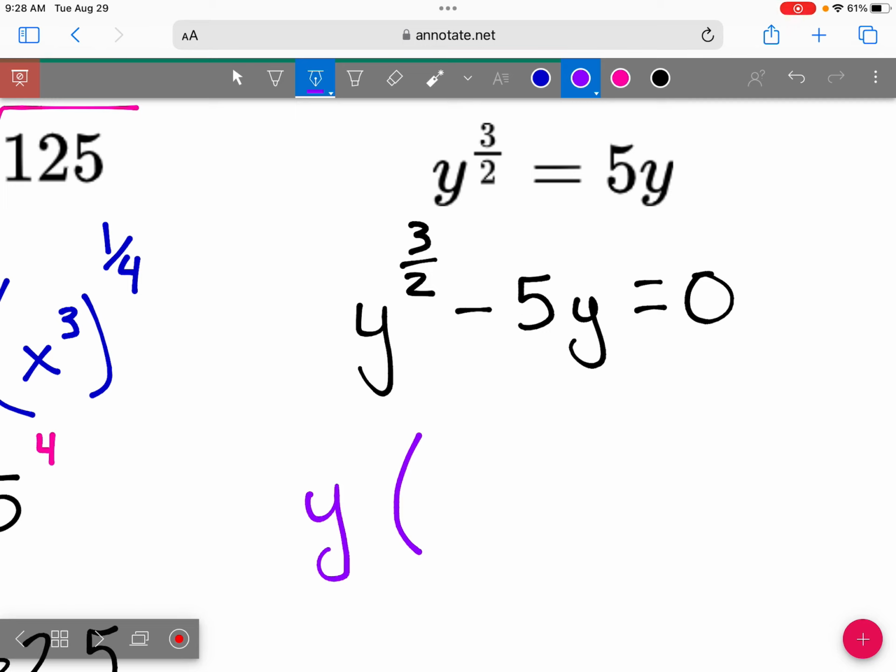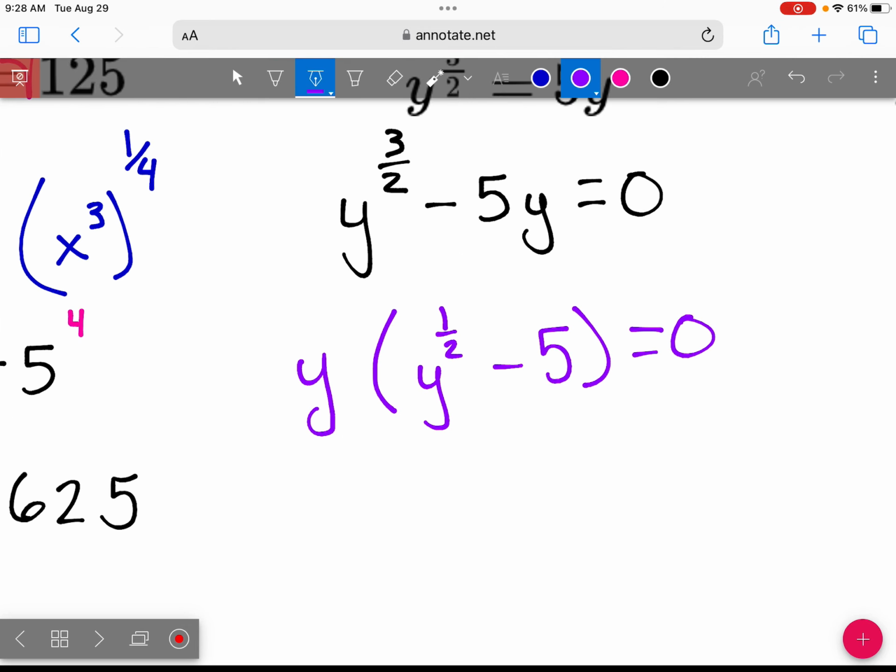Y to the 1/2. Minus, what's left on that? 5. So we wind up with y equals 0 here, and y to the 1/2 minus 5 equals 0 to find our solutions.